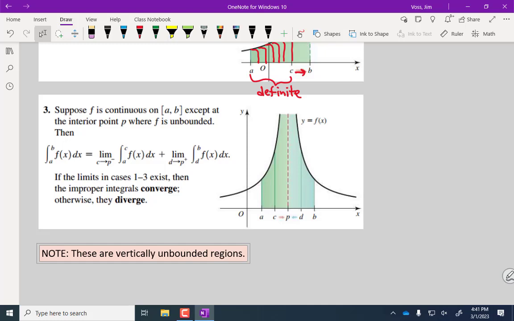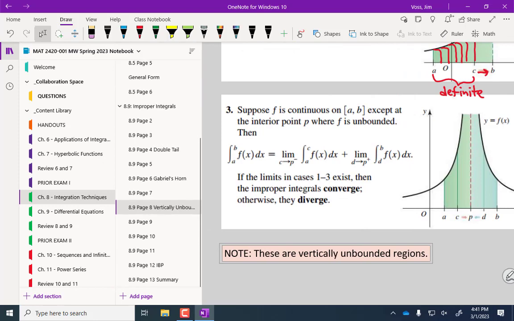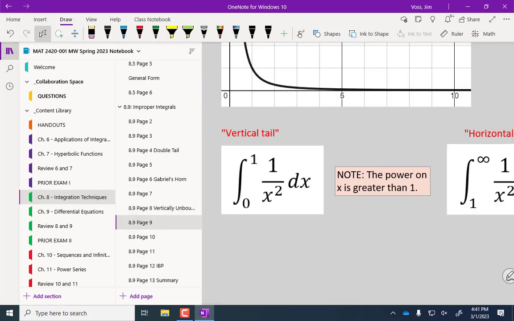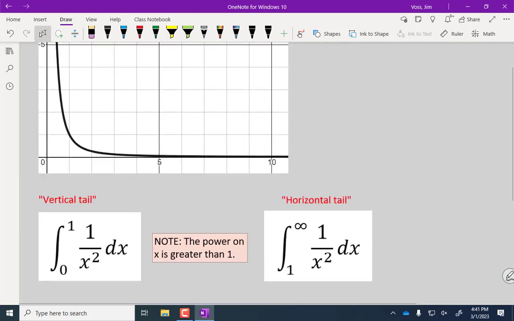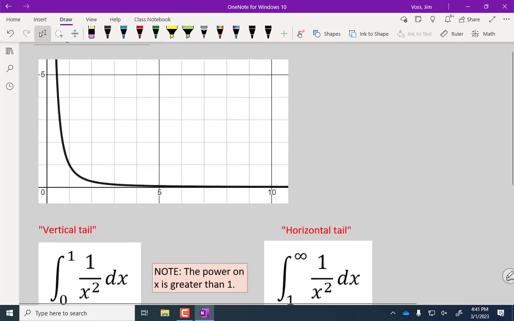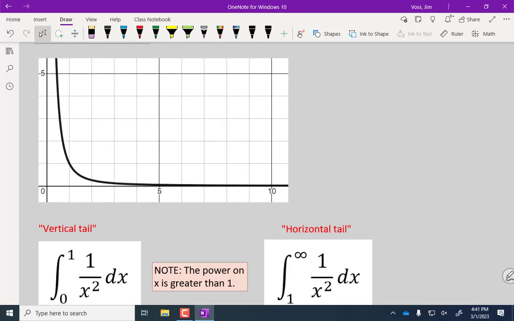All right, so let's try one of these vertically unbounded regions. Now, one thing you are going to notice is that if you look at these reciprocals of x, the faster it approaches the x-axis, the less fast it's going to approach the y-axis. So you're going to have this whack-a-mole type of thing.